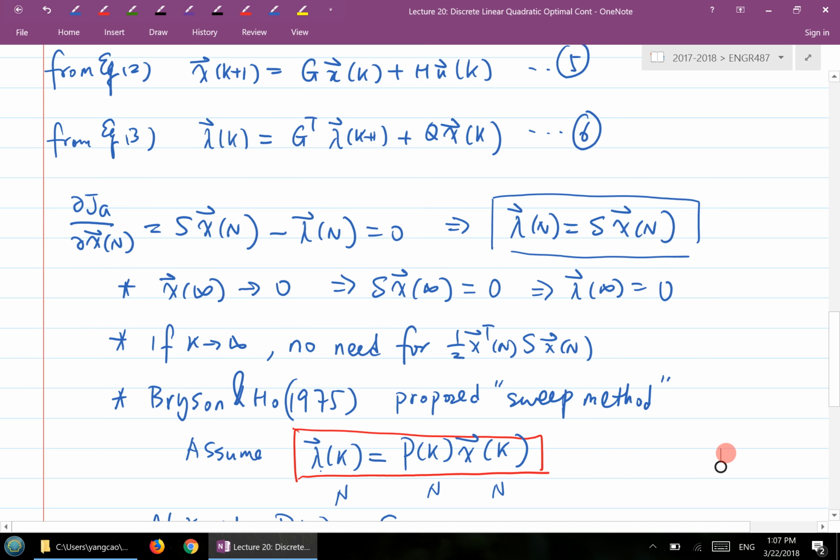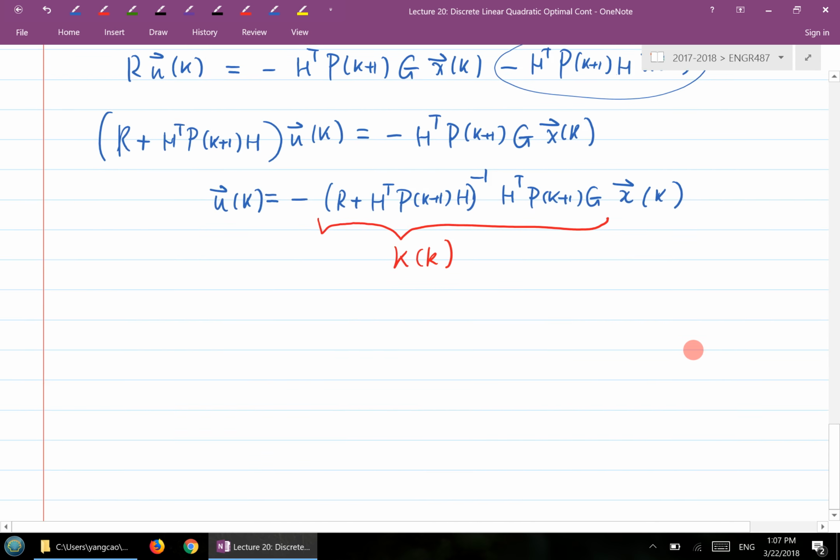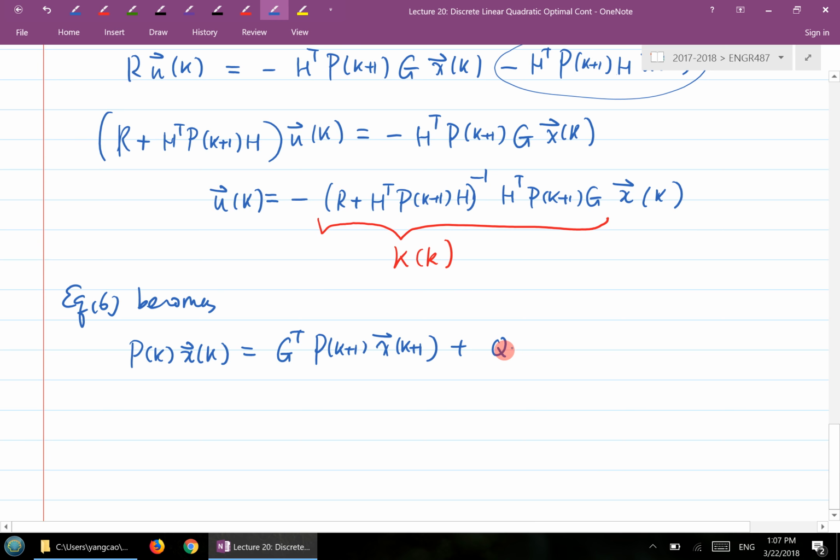So let's take a look at the way equation 6 will look now. Equation 6 becomes p of k x of k equal to g transpose P k plus 1 x of k plus 1 and then plus q x of k.